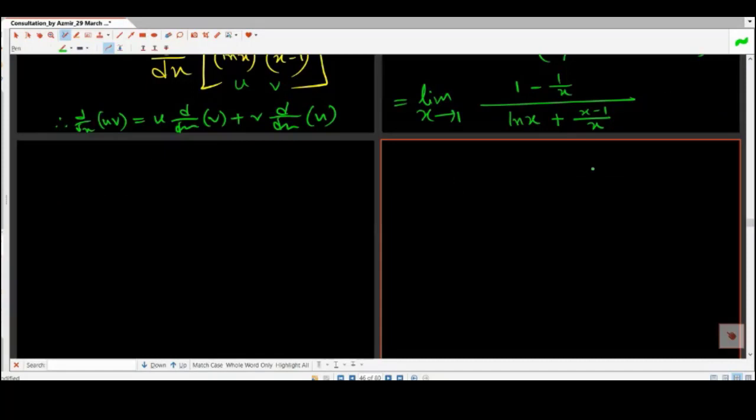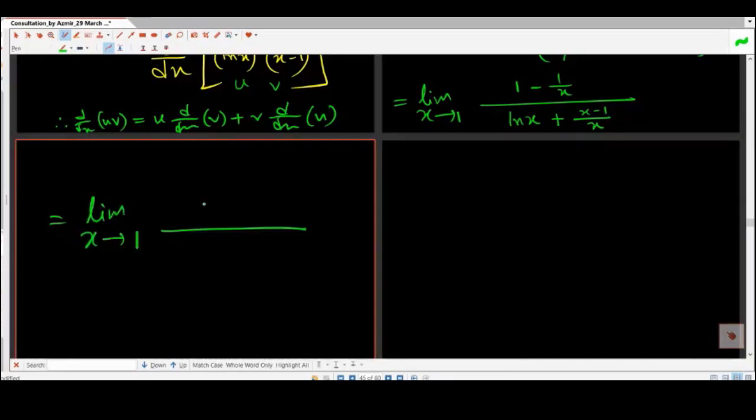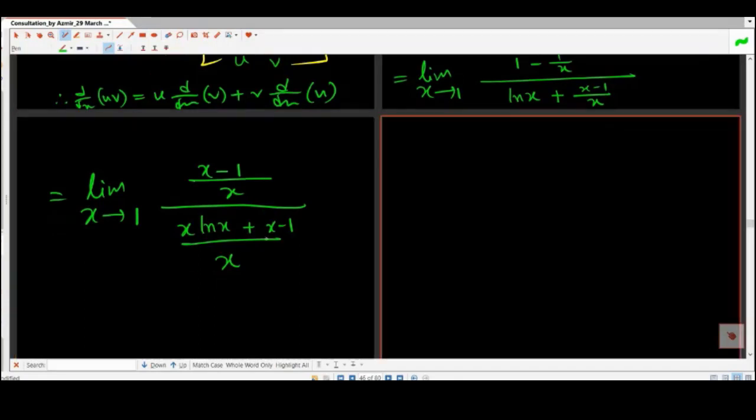So in this part, we can simplify again. That is limit x tends to 1, x negative 1 over x, x times natural log of x plus x negative 1. So we can simplify if we want.